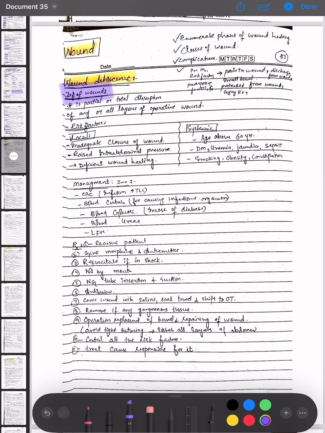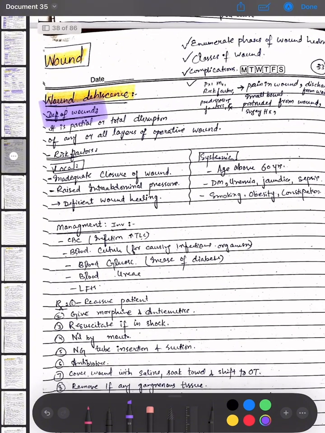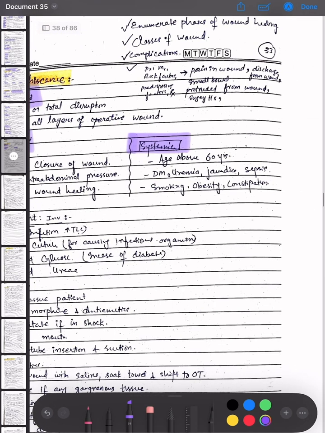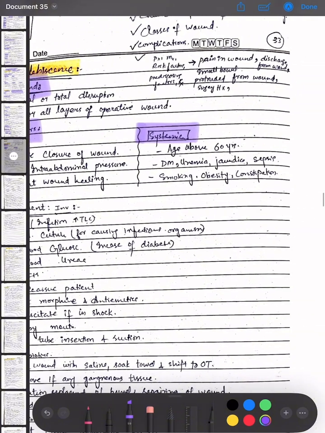What are the risk factors? Risk factors are local risk factors and systemic risk factors. The local risk factors involve inadequate closure of wound, raised intra-abdominal pressure, and deficient wound healing. While the systemic risk factors are age above 60 years, diabetes mellitus, uremia, jaundice, sepsis, smoking, obesity, and constipation.